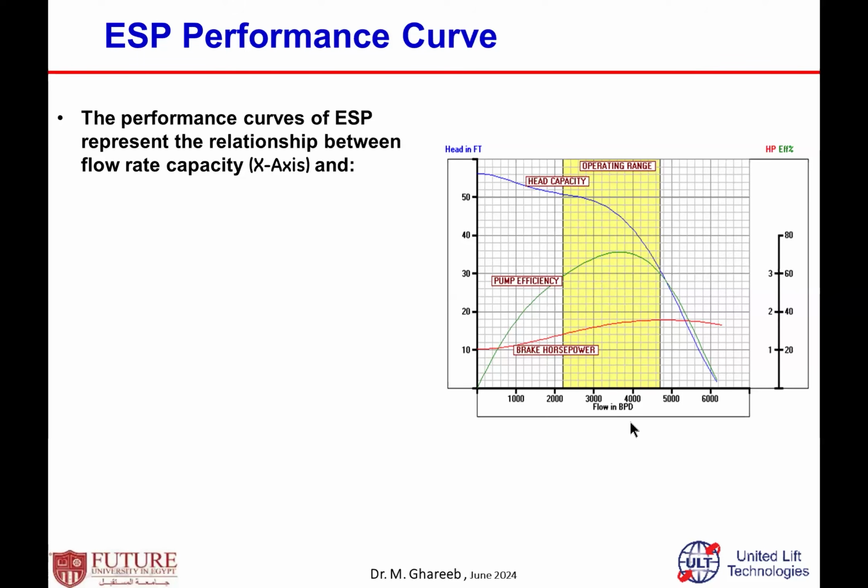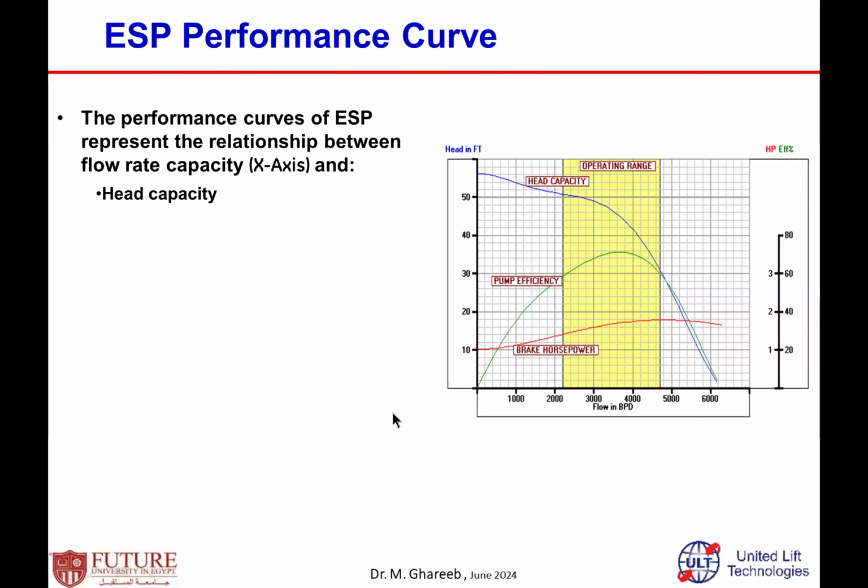When you start to design or select the pump, you select the stage which can give you the right production and, meanwhile, is at the top of efficiency, at the middle of the recommended range, usually.